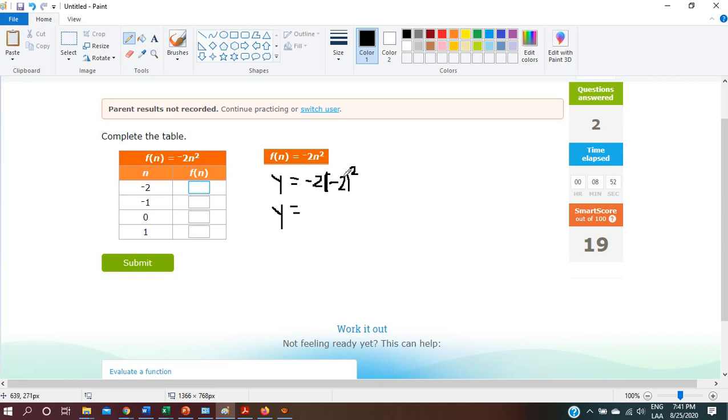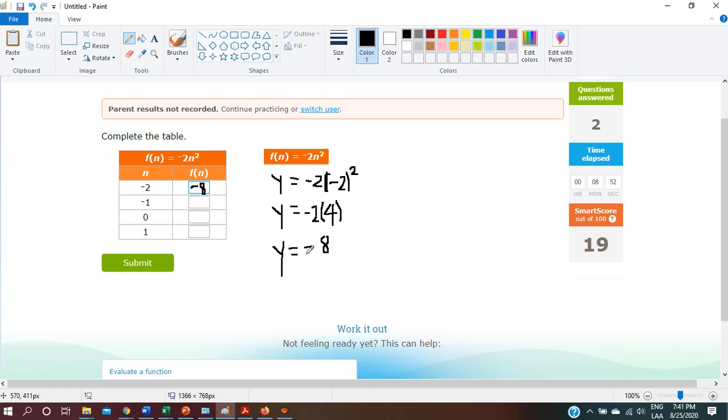So -2 times -2 equals positive 4. And that positive 4, we're going to multiply it times -2. So y equals negative times positive equals negative, 2 times 4 equals 8. So when n equals -2, y equals -8.